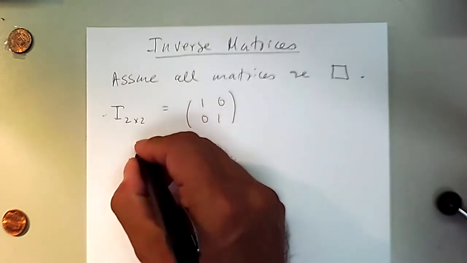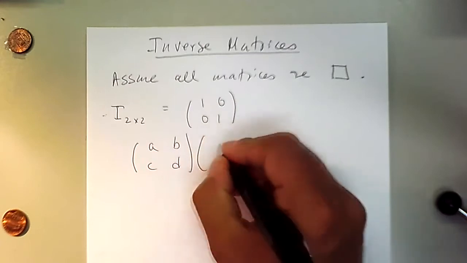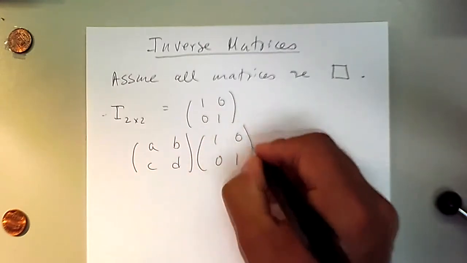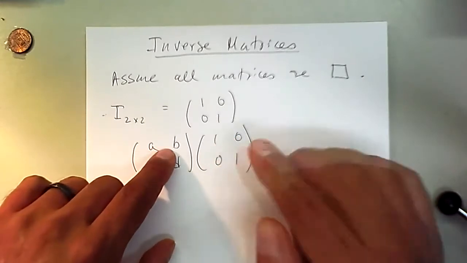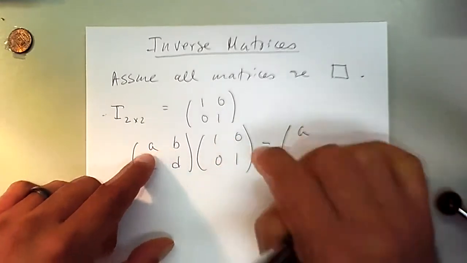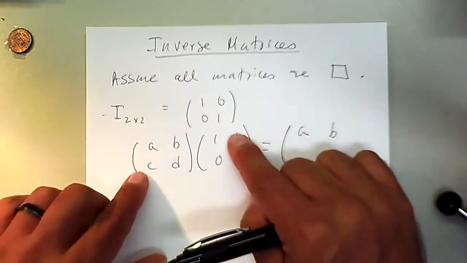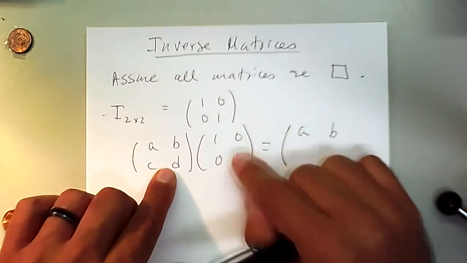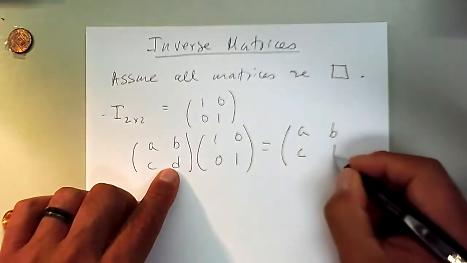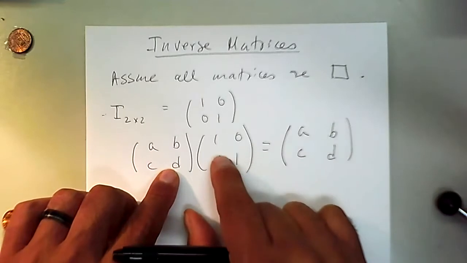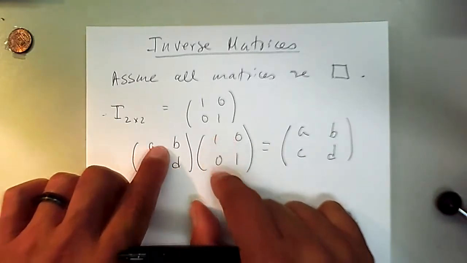Why? Because if we multiply by any matrix A, B, C, D, with 1, 0, 0, 1, that's going to give us A and 0, nothing and B, C and 0, nothing and D. Remember, we're doing columns.